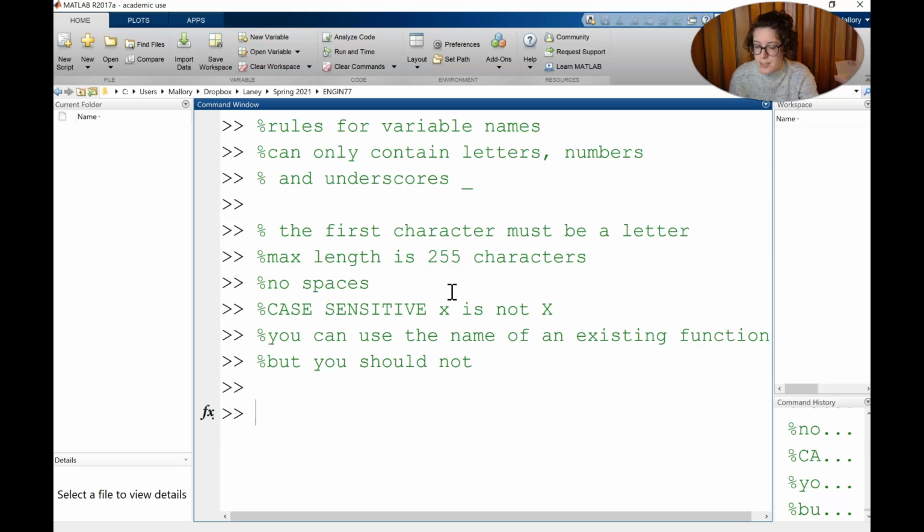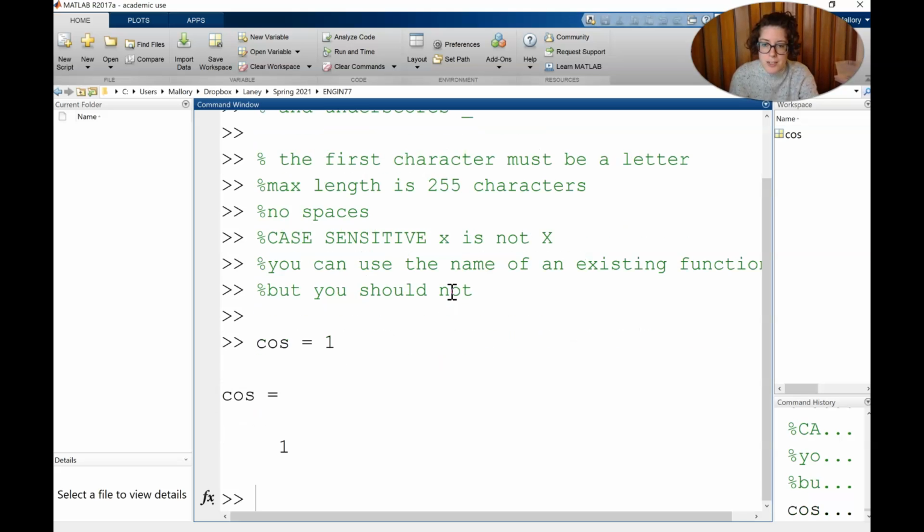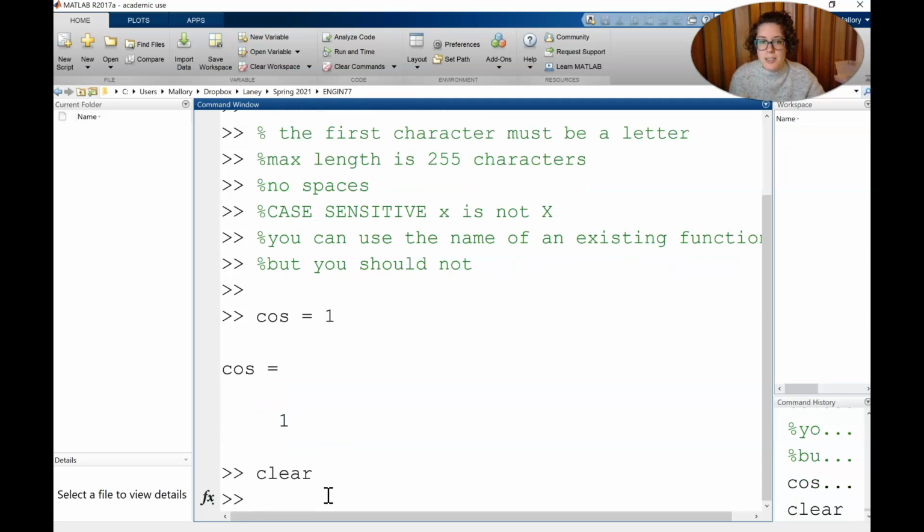So you could type cos equals 1, but now we can no longer use the function cosine until we type clear to clear our workspace, and now we can use that function.